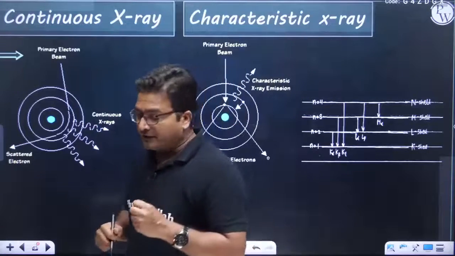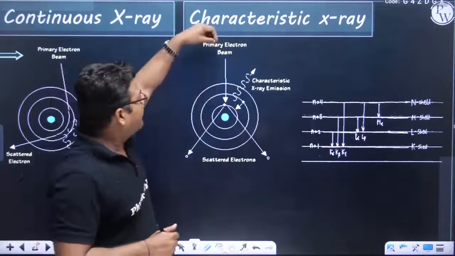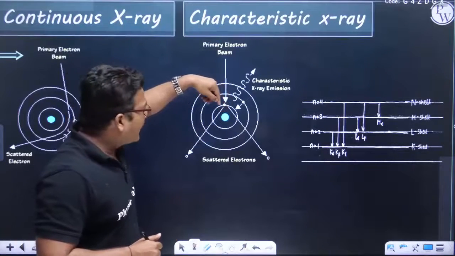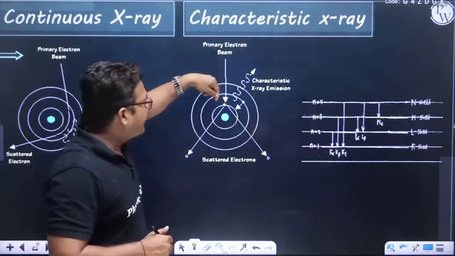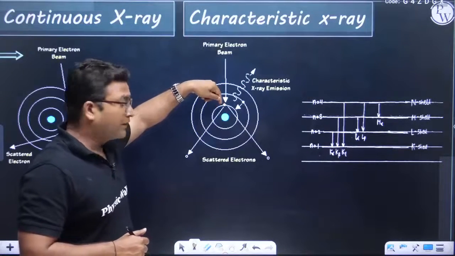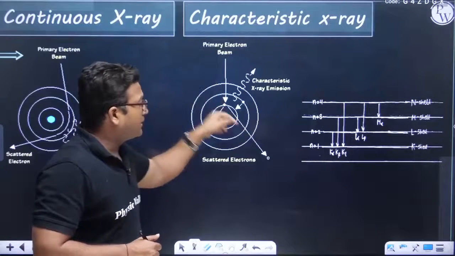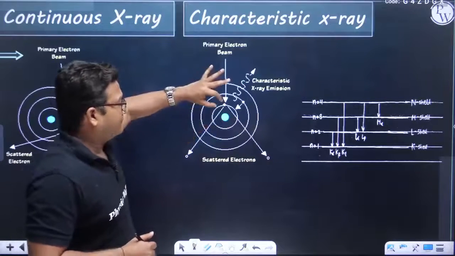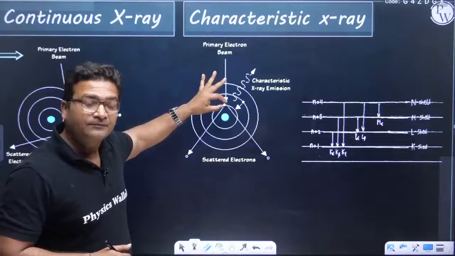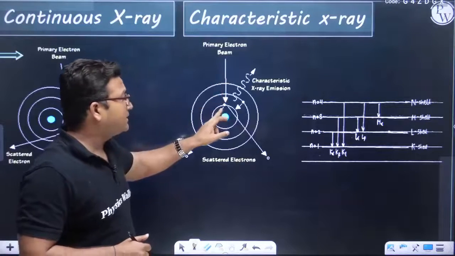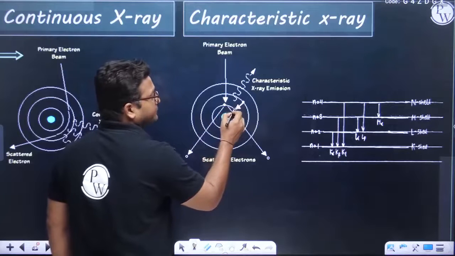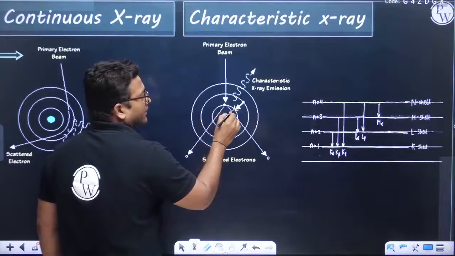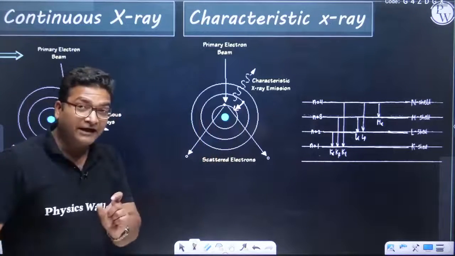But on the contrary, if the incoming electron interacts with some of the orbiting electrons, the incoming electron knocks out the orbiting electron, both electrons are out, and it leaves a vacancy in the shell. And if there is a vacancy in the shell, a high energy electron jumps back into the lower energy orbit to fill that gap.